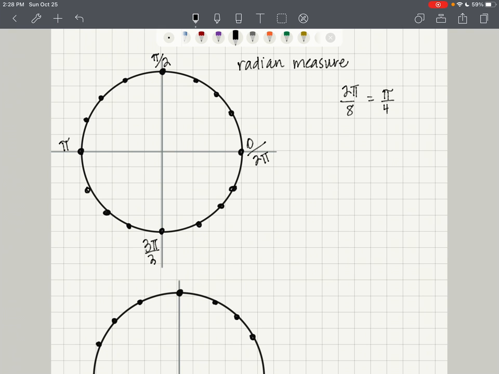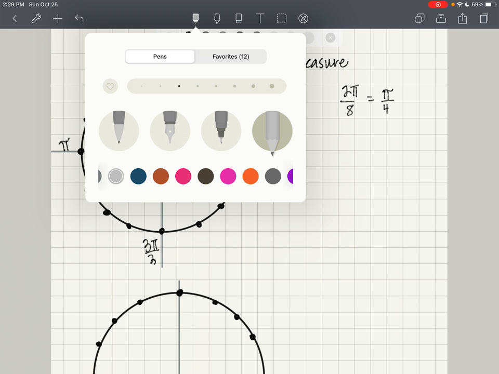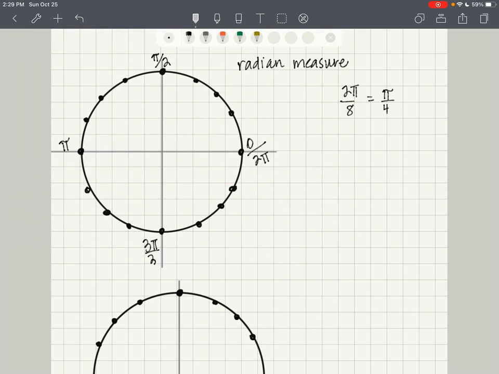So listen to me. I'm going to do this very lightly here. There we go. That's very lightly. But now you can see it.